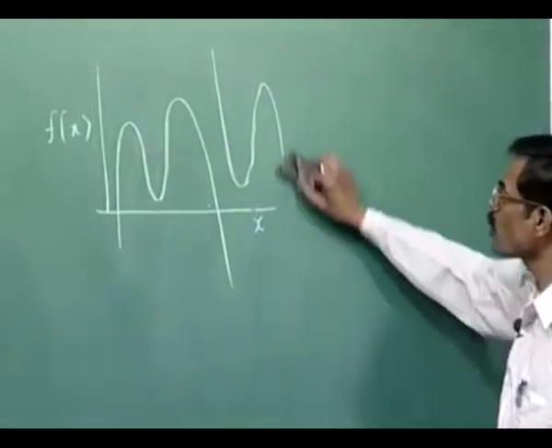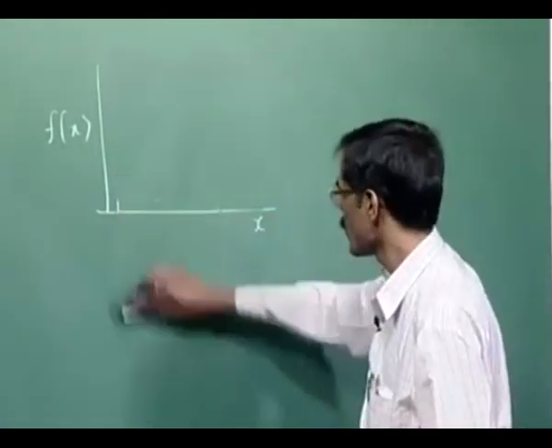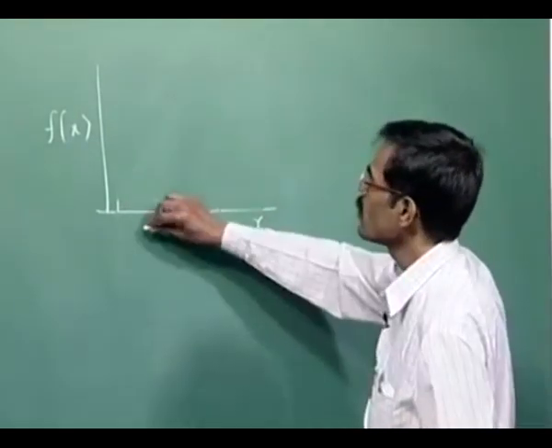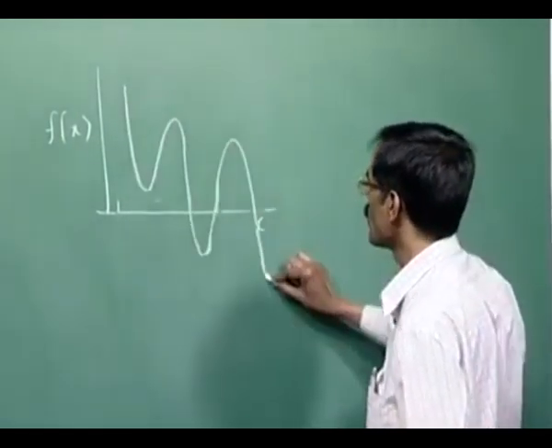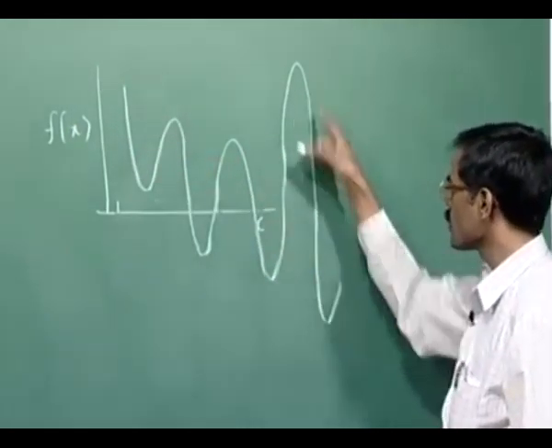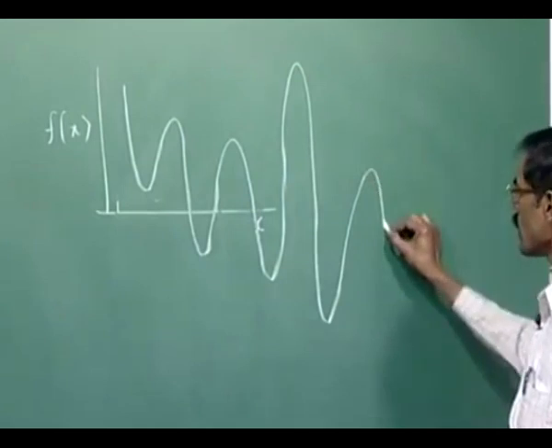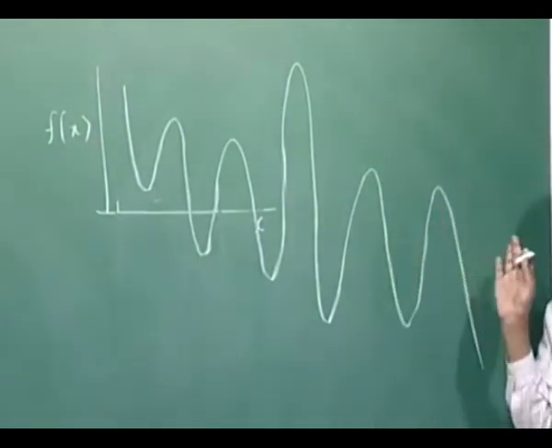Now, if you talk of an 11th degree function, that may have scope to, 1, 2, 3, 4, 5, 6, 7, 8, 9, 10, 11. This kind of a profile it might show.